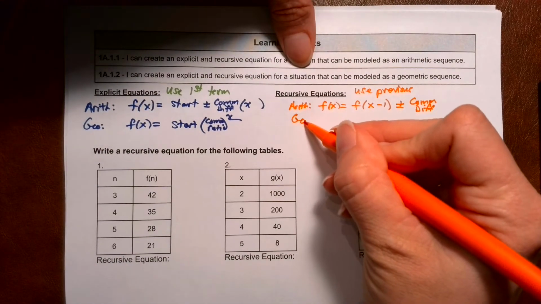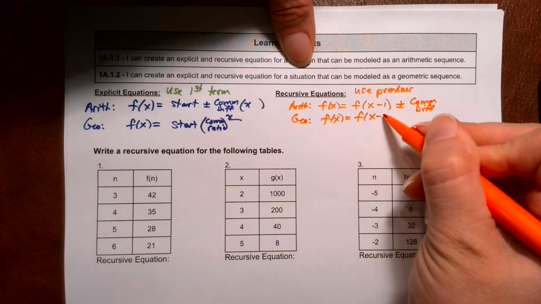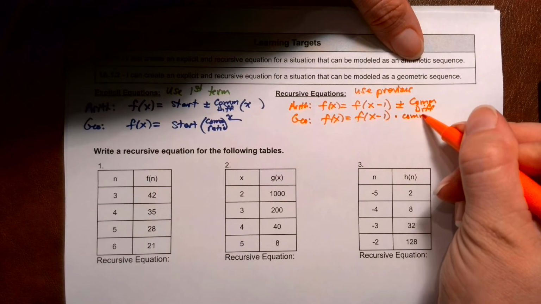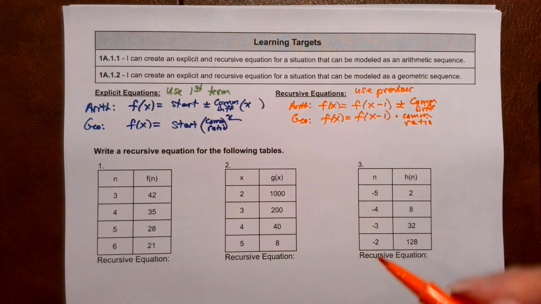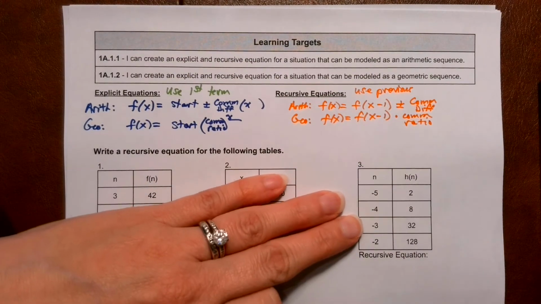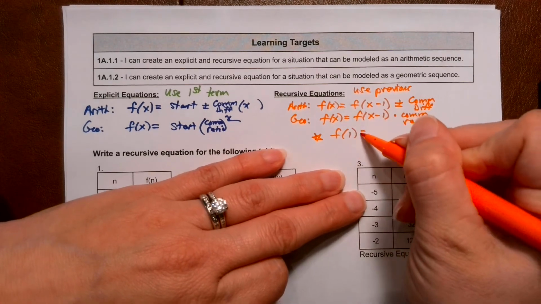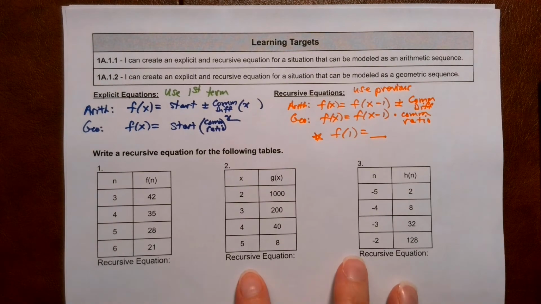And if you're geometric, you take the previous, but then you multiply by the common ratio. Now for both arithmetic and geometric, they have to get you started, so you always have to include f of 1 equals starting value.